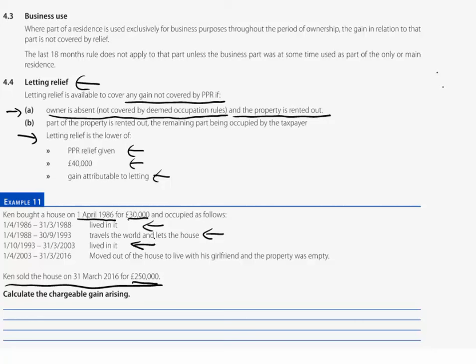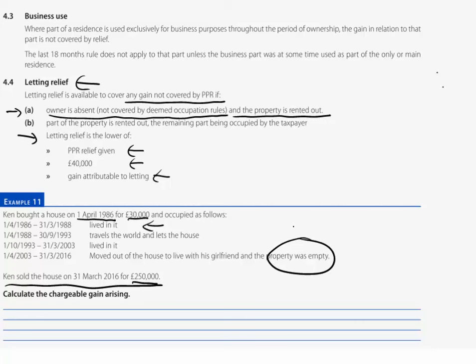Comes back, lives in it, and on that basis therefore the 3 years, the 36 months for any reason will be available for you in terms of deemed occupation. Finally then moved out of the house to live with his girlfriend, disgraceful, and the property was empty, so did not therefore let it out. The property was empty there.